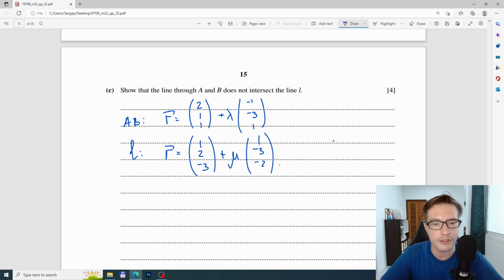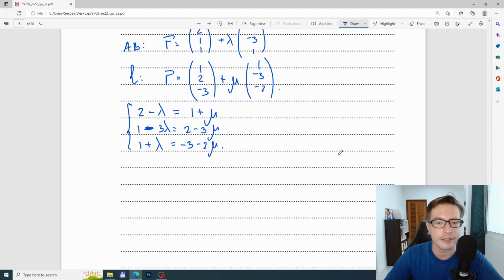So first, x-coordinates. 2 minus lambda from the line AB should be equal to 1 plus mu from the line L. And the same applies for y-coordinates. 1 minus 3 lambda must be equal to 2 minus 3 mu, and 1 plus lambda for z-coordinates should be equal to minus 3 minus 2 mu. So those are simultaneous equations, and we're supposed to find mu and lambda. Let's do that.